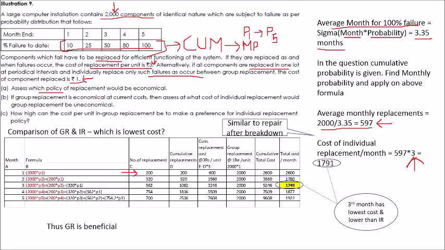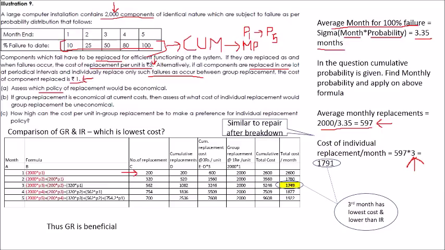So here, in the first month, out of 2000, 10%, 200 have gone. So I have put in 200 new components. I have taken out the 200 failed components from the batch and replaced them with 200 new components.